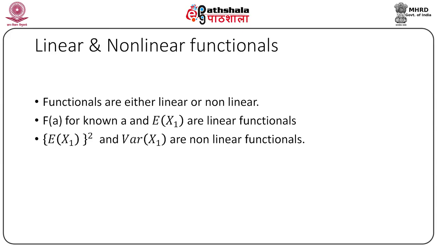So we consider a related example. Suppose x1, x2, ..., xn are IID observations from some distribution function f, and our functional of interest is the square of the expected value.